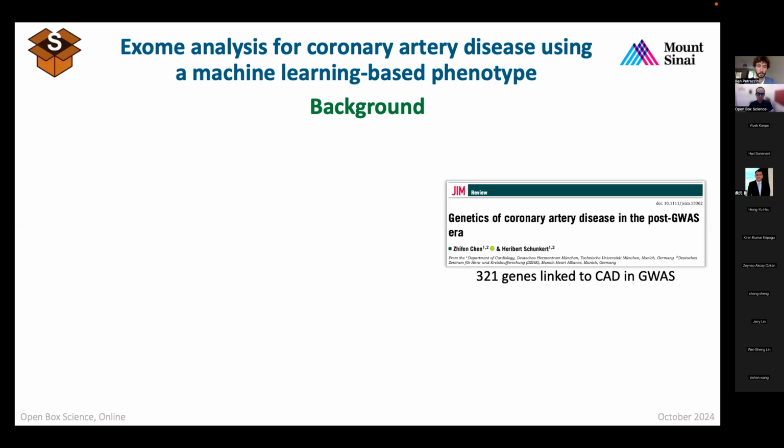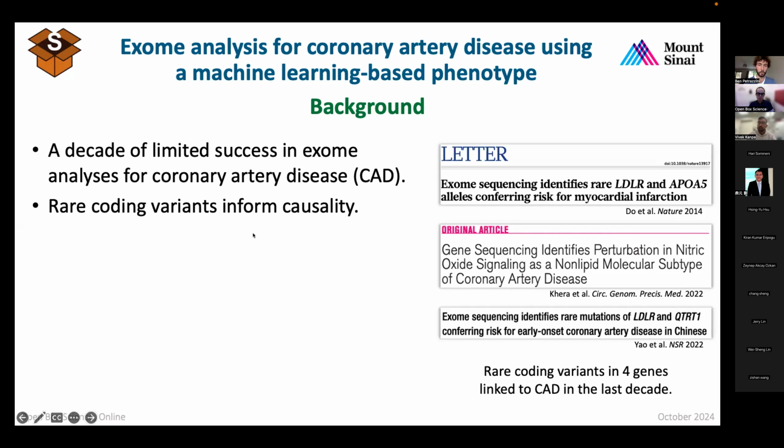And for that, we are more interested in rare coding variant associations. Rare coding variants directly inform causality of a gene in disease biology because we assume that the rare coding variant disrupts gene function. So the association can be seen as a proxy to the role of the gene in disease.